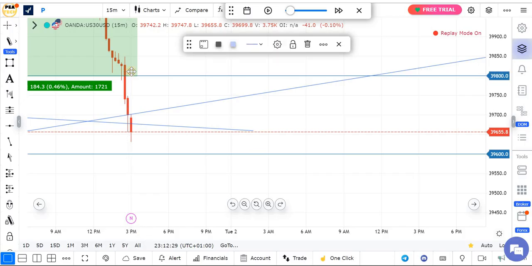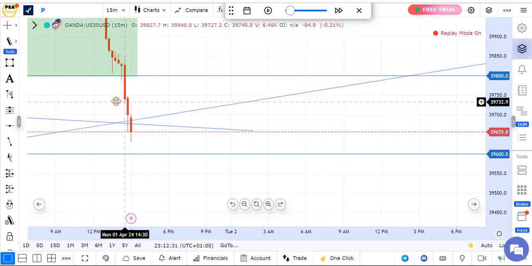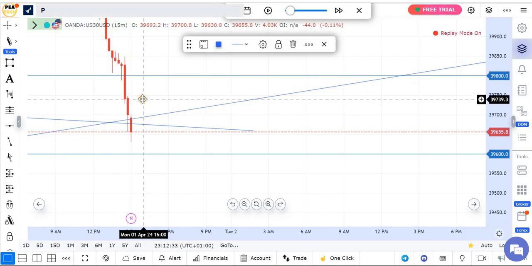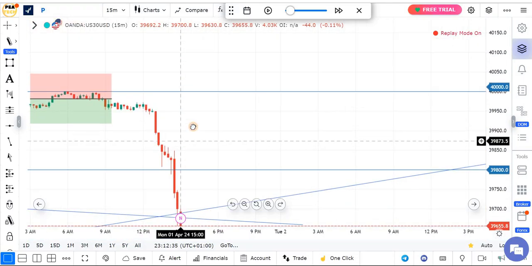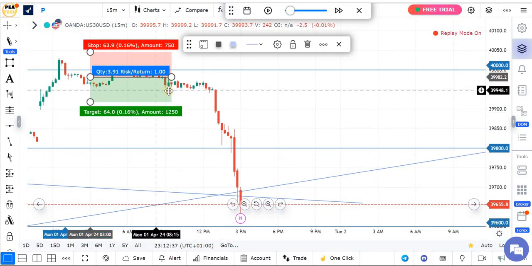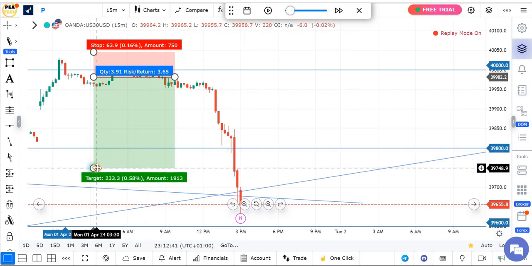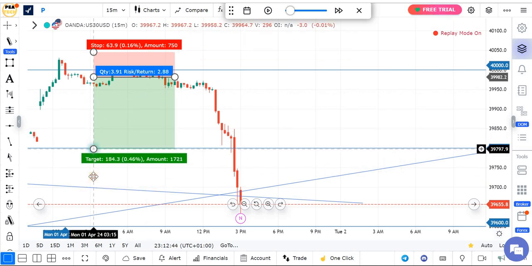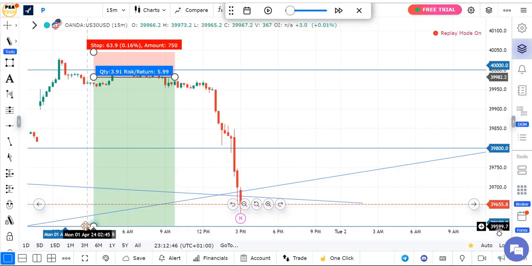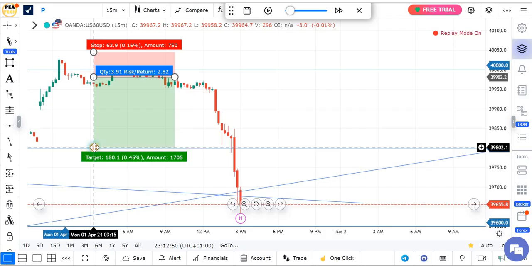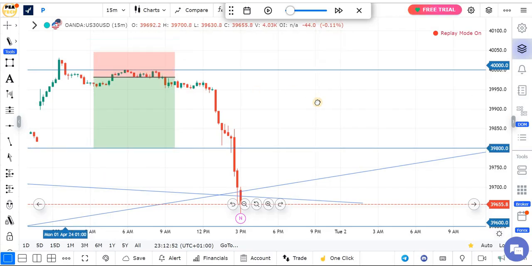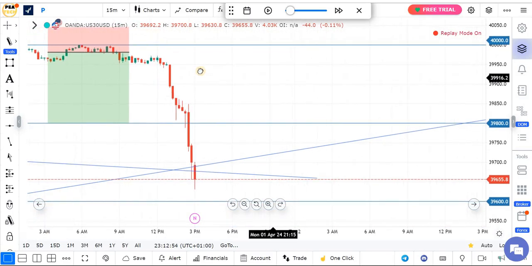If you had held this trade up to this point, right, to the strike level, you would have gotten a massive 1 to 6, but let's leave it, which is 1 to 2. Okay, that's what we got.